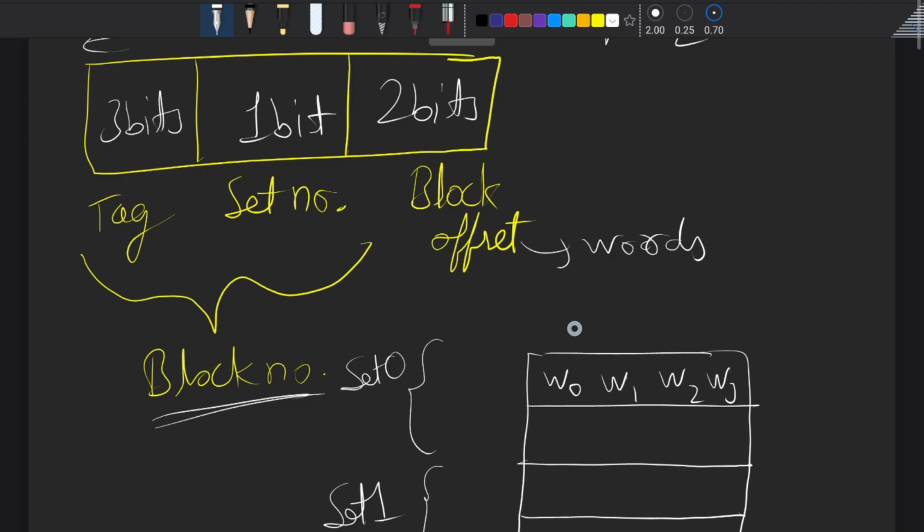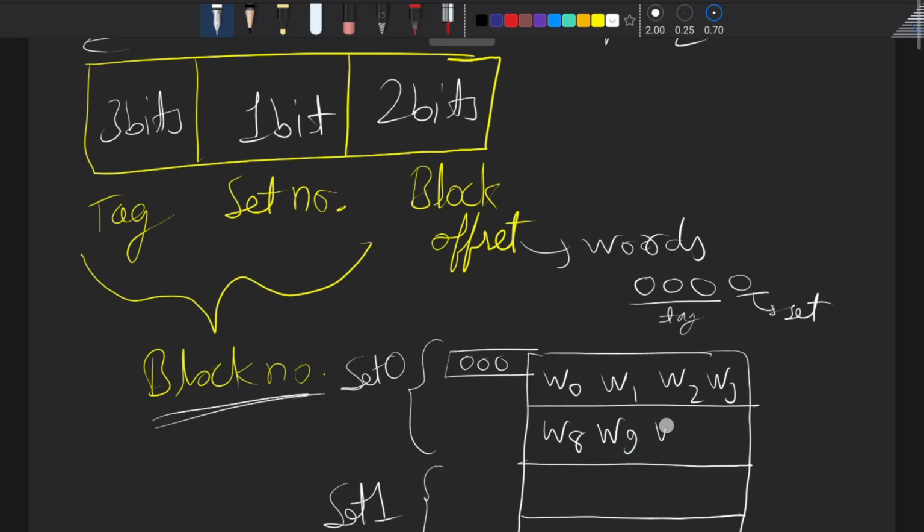As we have discussed, these 3 bits and the 1 bit of set number together represent the block number. So to represent block 0, the tag bits will be 0, 0, 0. This will be the tag bits and this will be the set bit. So here we will be representing the tag bits. Now we have here the 8th word, 9th word, 10th word and 11th word.